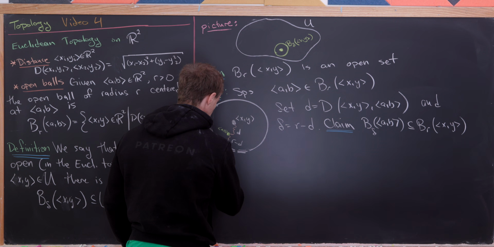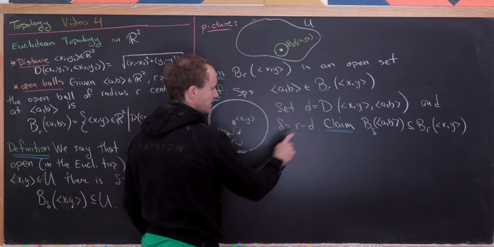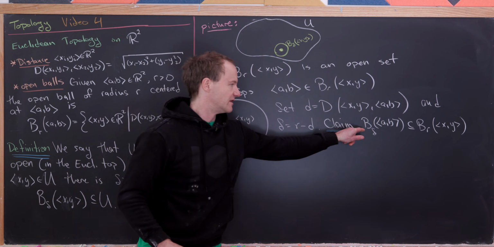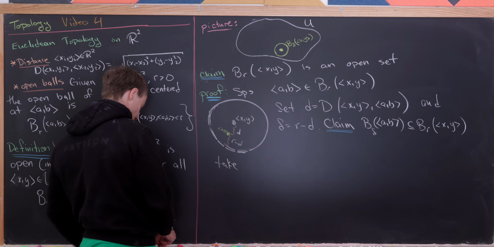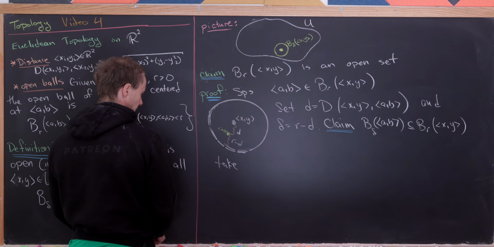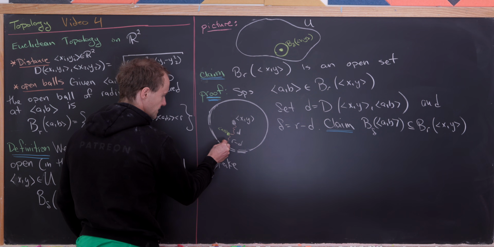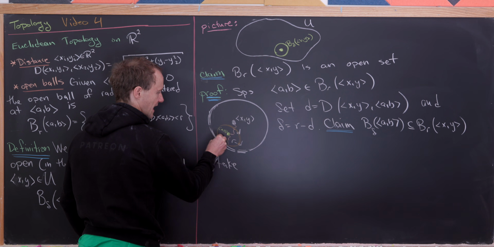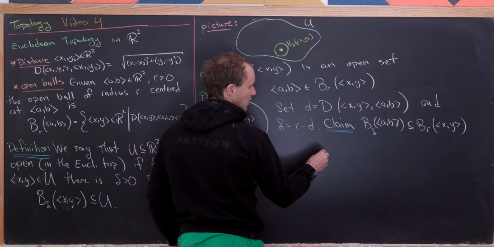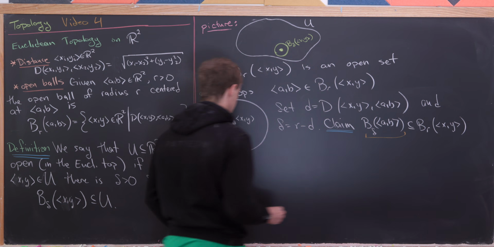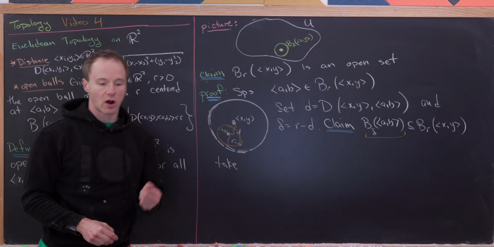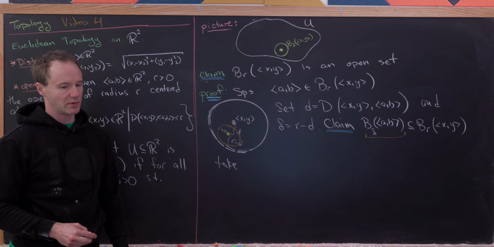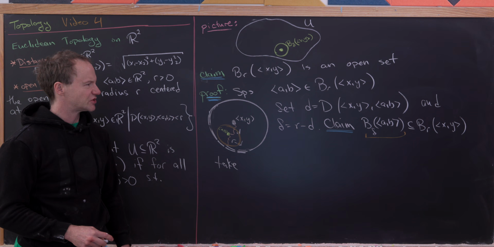Okay, so let's take an arbitrary point inside of this ball right here, which maybe we could get a picture of on the board. So that would be something like this. Okay, so that is our ball of radius delta. So let's take an arbitrary point inside of that ball. And what notation do we want to use?